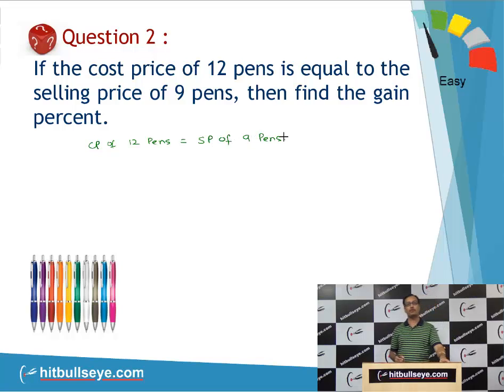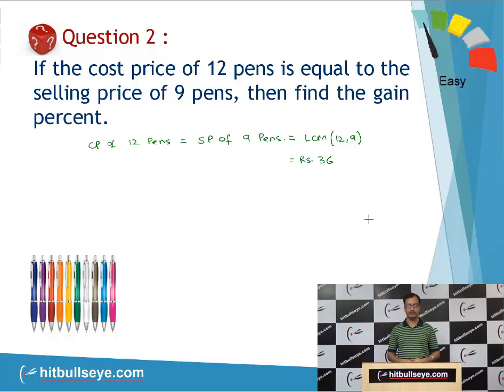Now one of the methods could be, we can assume this cost price or the selling price as equal to the LCM of the given articles 12 and 9, which in this case comes out to be 36.